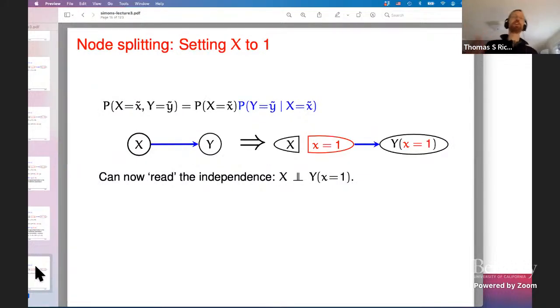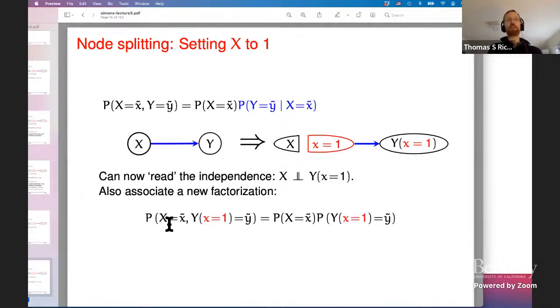Okay, so here we set X to 0, and we got some results out. We could obviously split and have X equal to 1. That would then give us this graph, where we could now read off this independence. And we would then get a new factorization over the variables that are in this new graph. These two, it factors in this way.